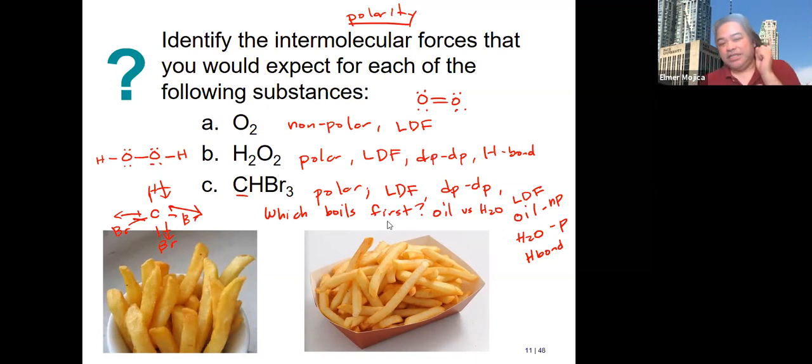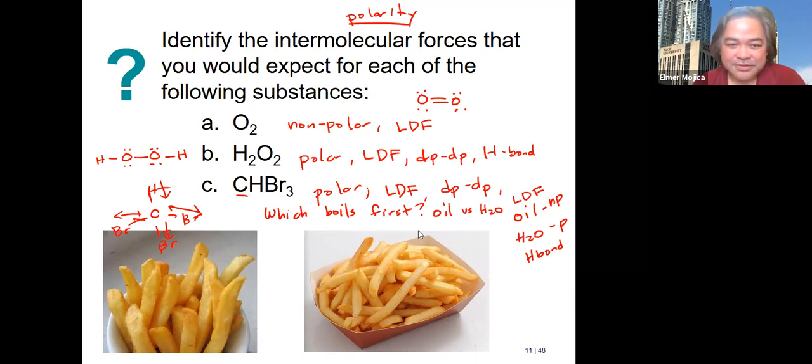Now, what tells me why water boils first? Based on my experience in frying, whenever I fried, it's always the oil that is left in the pan after frying.